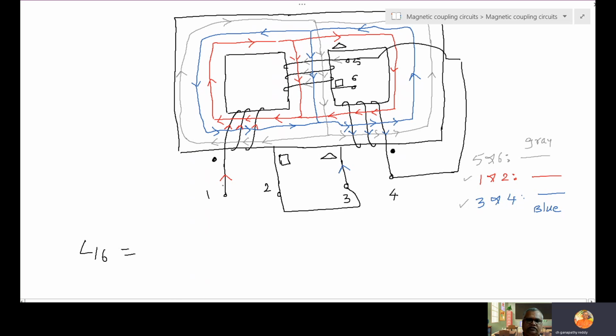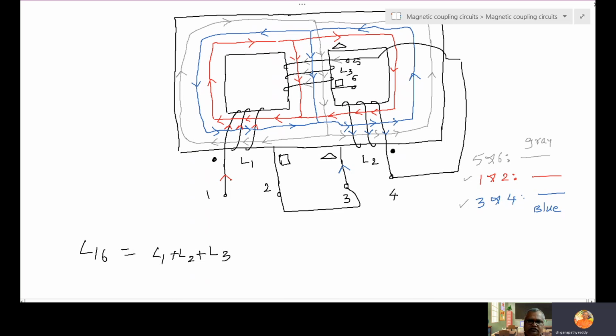Obviously this is the self-inductance L1, this is L2 and this is L3, so we get L1 plus L2 plus L3. This is always positive. Now the coupling between L1 and L2 is indicated with the dot, that means M dot. Between 3, 4 and 5, 6 it is the triangle, M triangle. Between 1, 2 and 5, 6 it is M square. Like that I am using.